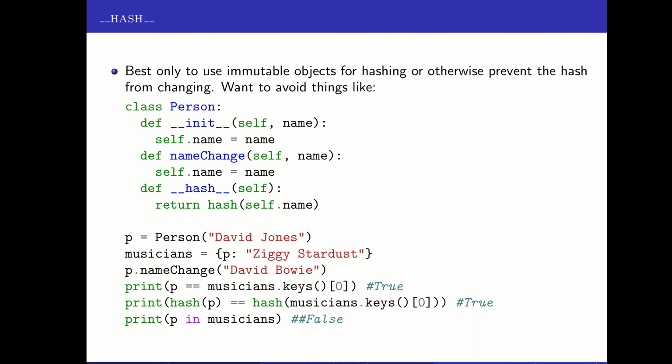But also for hashing to be done in a way that is consistent. The same object always gives us the same hash value because we don't want to lose it in a dictionary where we've stored it.